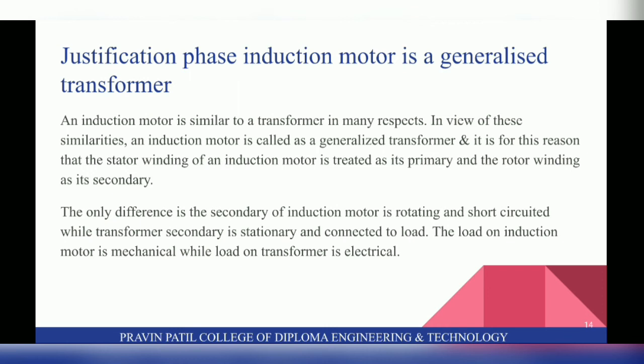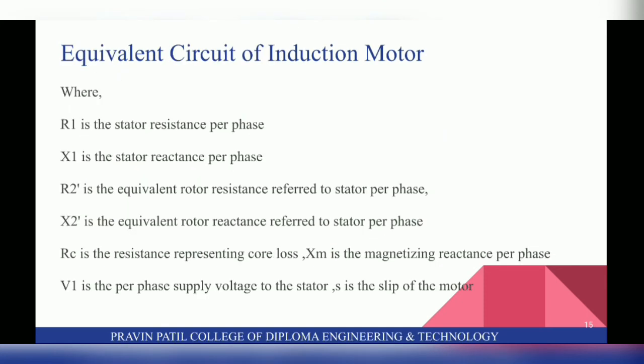In view of these similarities, an induction motor is called a generalized transformer, and it is for this reason that the stator winding of an induction motor is treated as its primary and the rotor winding as its secondary. The only difference is the secondary of induction motor is rotating and short circuited, while transformer secondary is stationary and connected to load. The load on induction motor is mechanical while load on transformer is electrical.